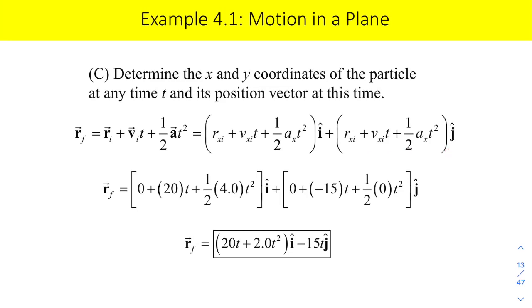Then substitute the information. R initial in terms of x is 0, 0 as well in y because it starts from the origin. And then it's 20. This is ax, this is ay. Then you're going to solve for this one, and this is your r final formula.